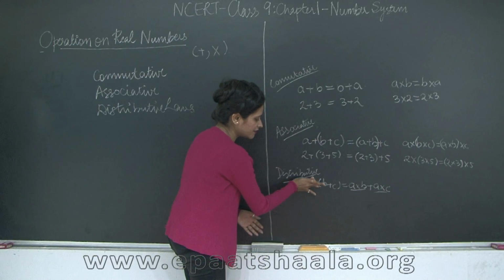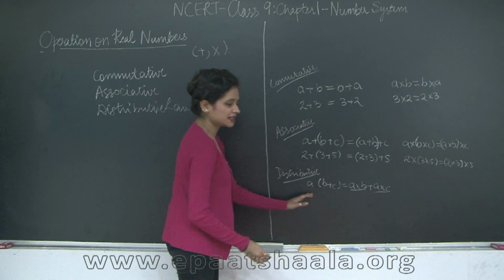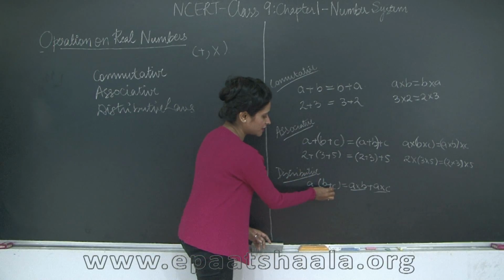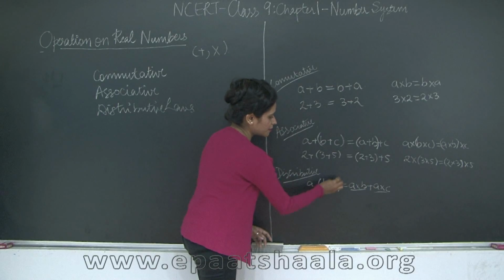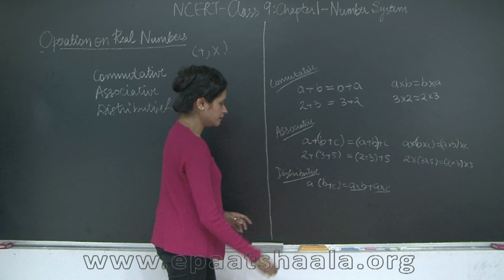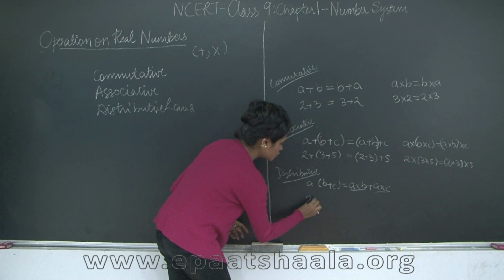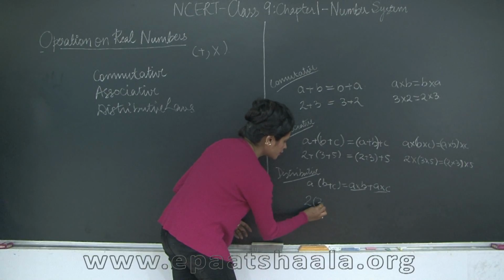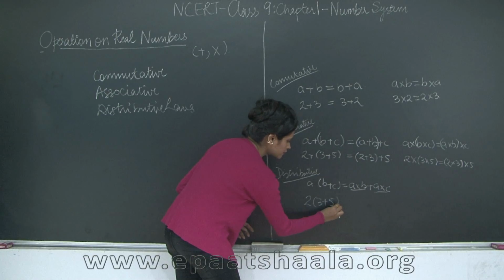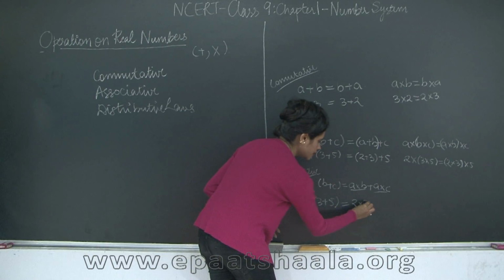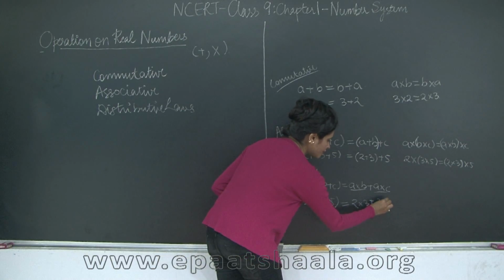You can even leave it out and leave it as a brackets b plus c, which means that a is getting multiplied with b, then you have the plus operator and a is multiplied by c. So, let us take an example. If I have 2 into 3 plus 5, this is equal to 2 into 3 plus 2 into 5.